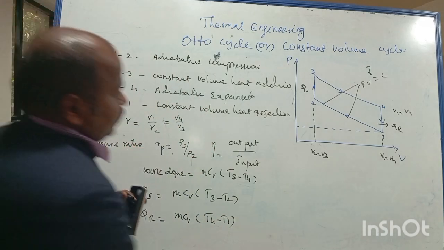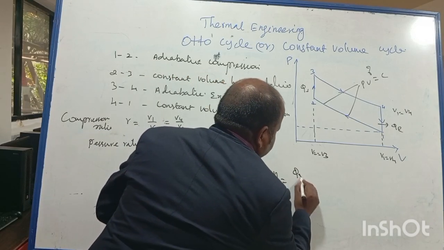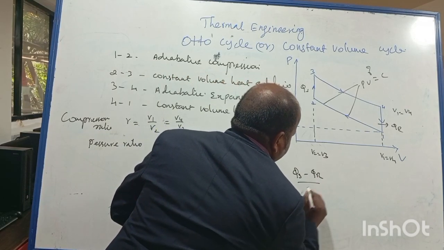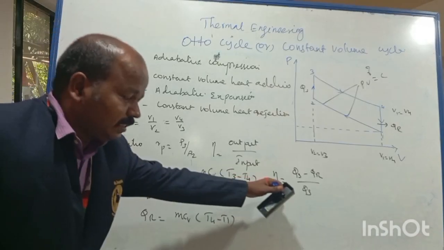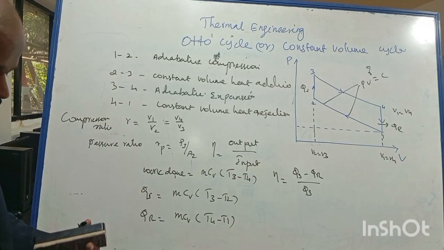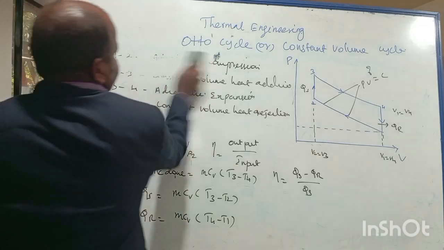Now we can write the efficiency as (Qs minus Qr) divided by Qs. So now we are going to substitute all those formulas into this equation and derive the final thermal efficiency.